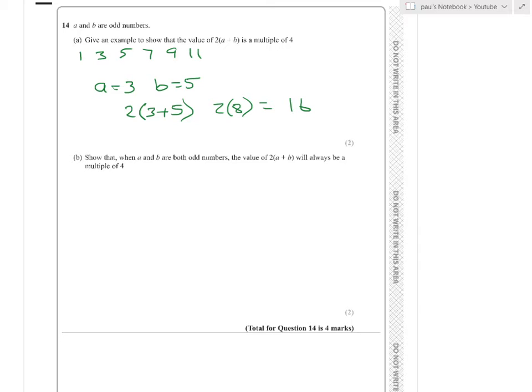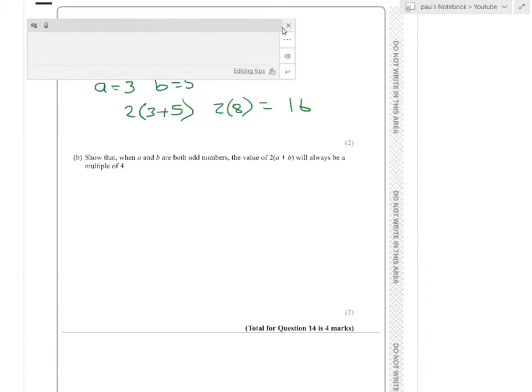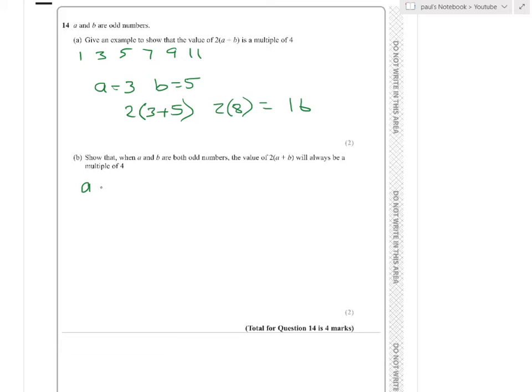So when A and B are both odd, when A plus B, if they are both odd, the answer is always even. Yeah?